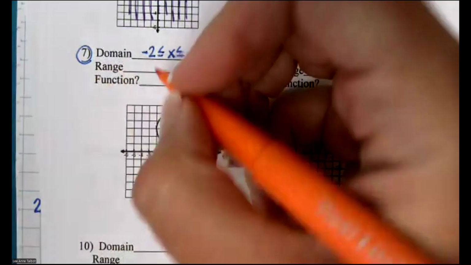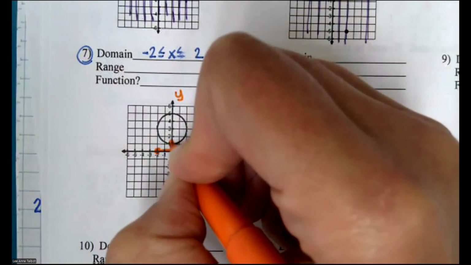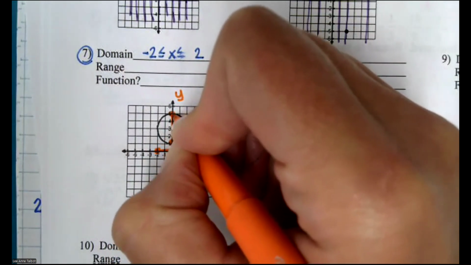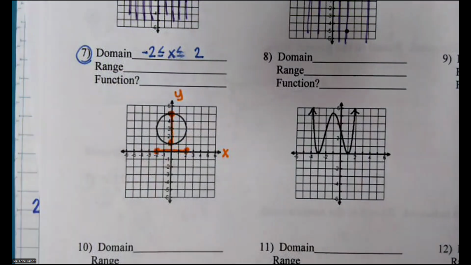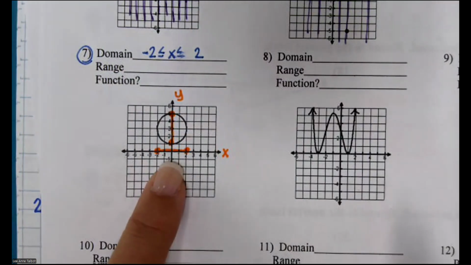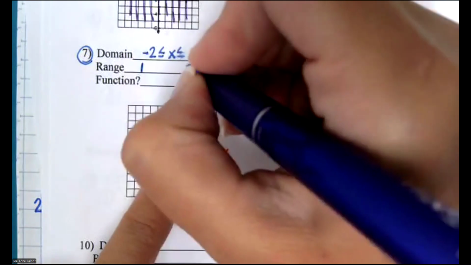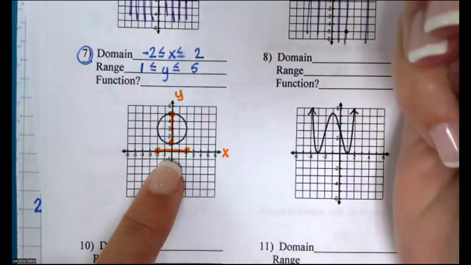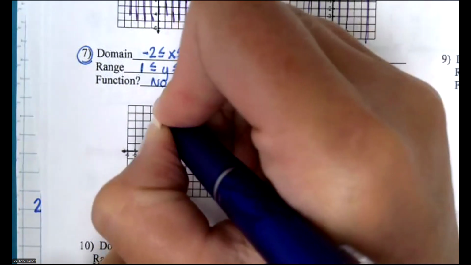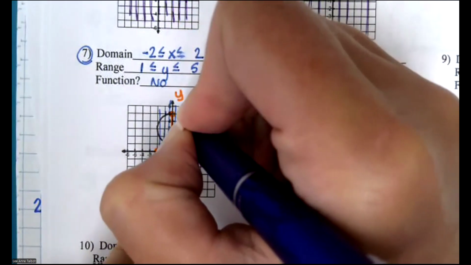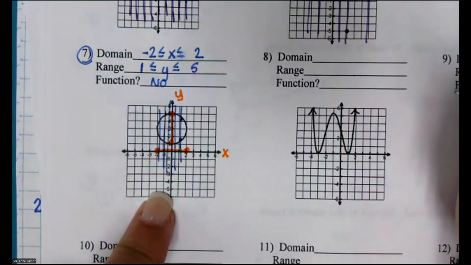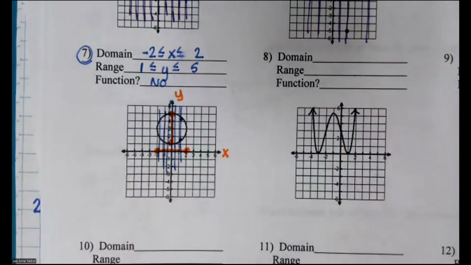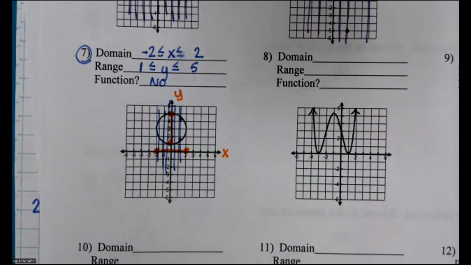And then the range, bottoms here, the tops here. Is that 1 to 5? Yeah. Okay. And definitely not a function. It fails the vertical line test everywhere, pretty much. Definitely not a function.